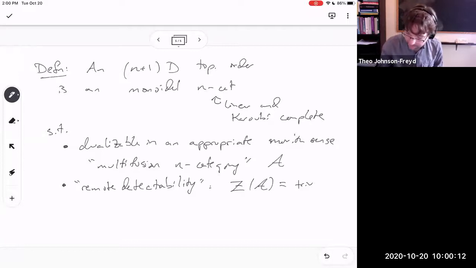And then the theorem I want to say, the first theorem, is that actually you can simplify this. So if you have an N category, you can take the endomorphisms of the unit object.